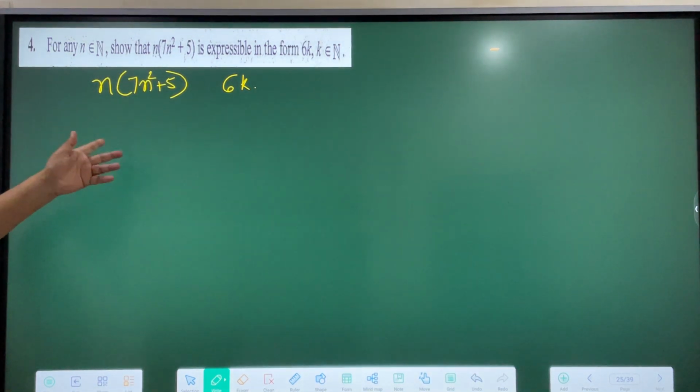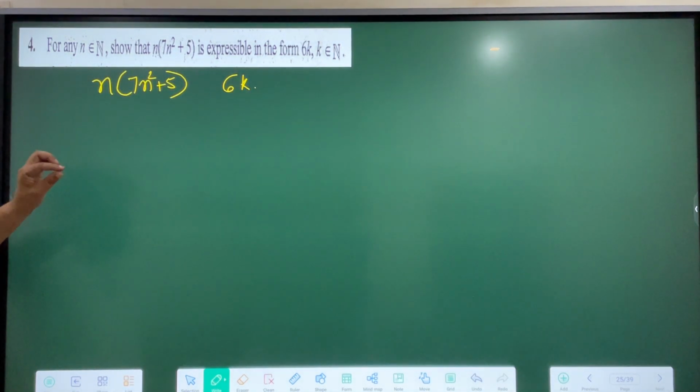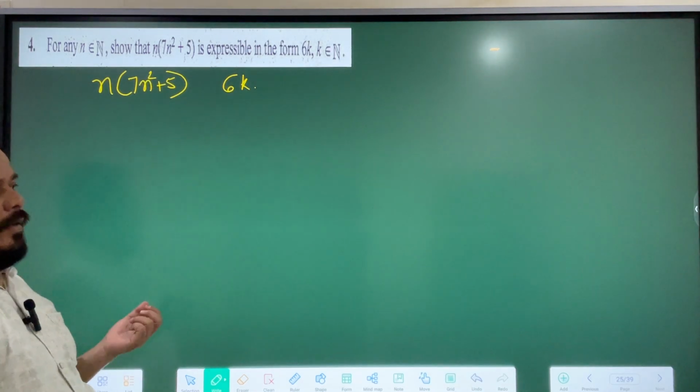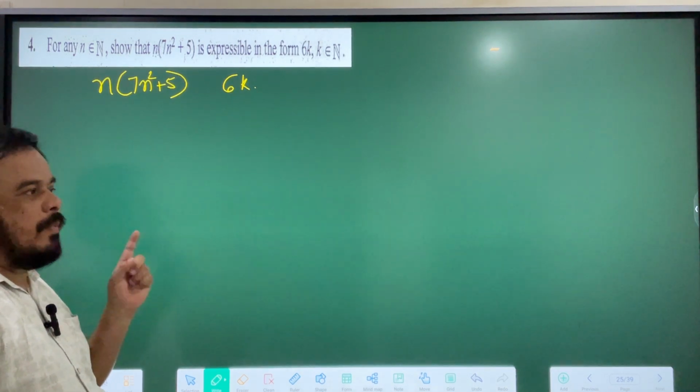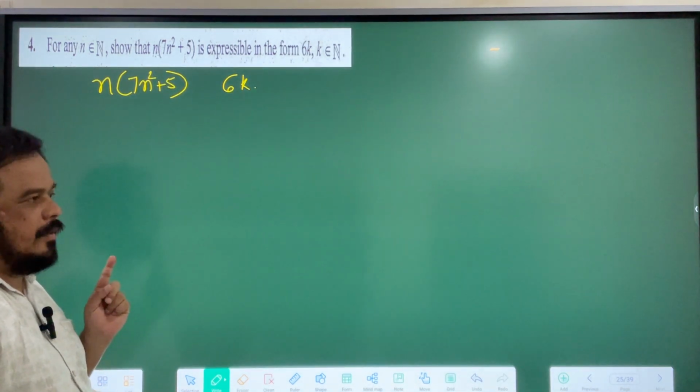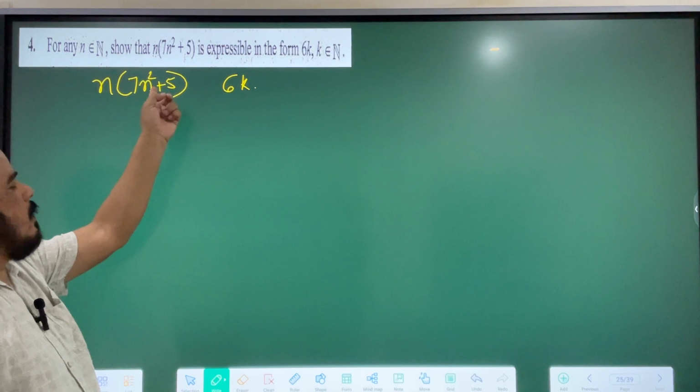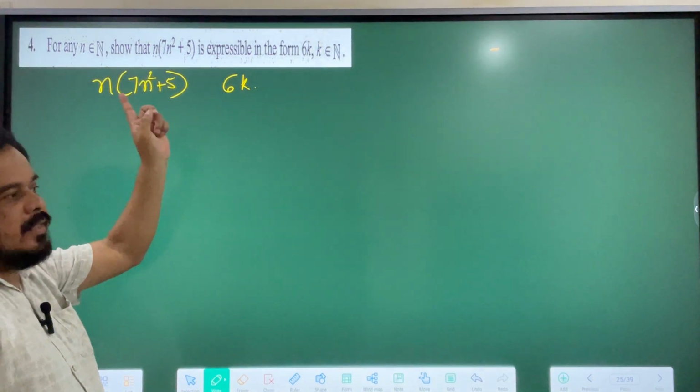Like the previous sum, there was an expression in which small n was there, so in place of a we had taken m. So here also n is there, so we will take a as n.